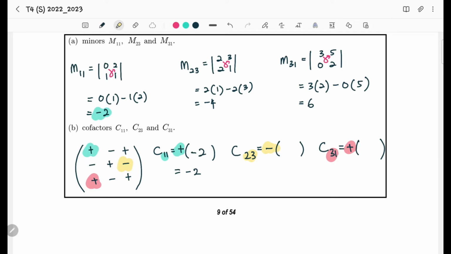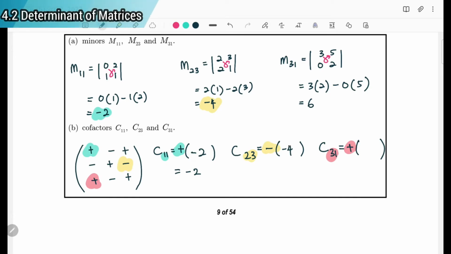The sign is negative, and the minor for 23 is negative 4. Put that here and simplify, you get positive 4. Lastly, C31. The sign is positive, and the minor is 6, so you get positive 6.